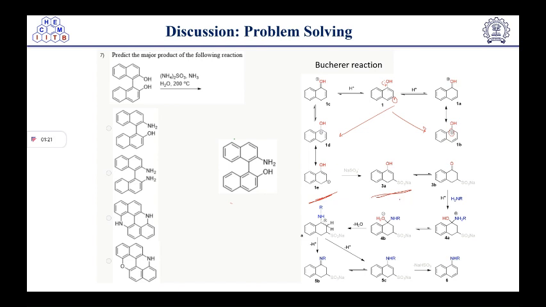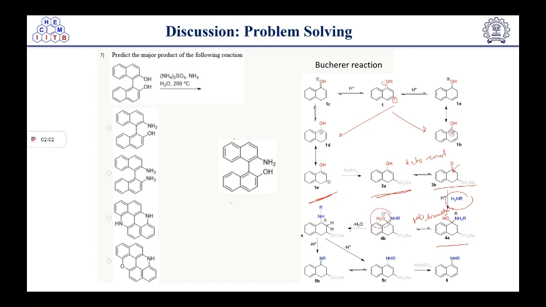After getting this intermediate, the next thing is keto-enol tautomerization. In keto-enol tautomerization, we'll get the corresponding ketone, followed by attack of the amine on the electrophilic carbonyl carbon. After the amine attack, we'll get the 4A intermediate, which is this one. After getting this ion, the next is proton transfer, which will make the water group a good leaving group.